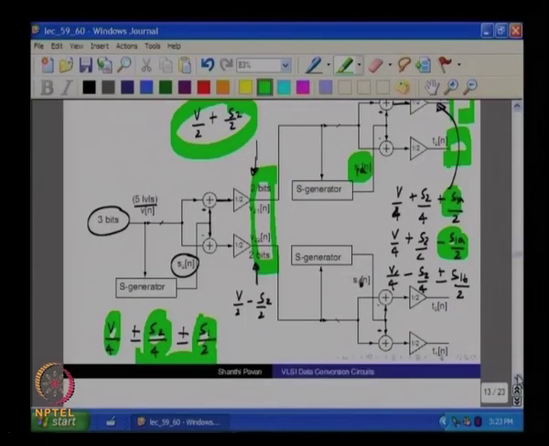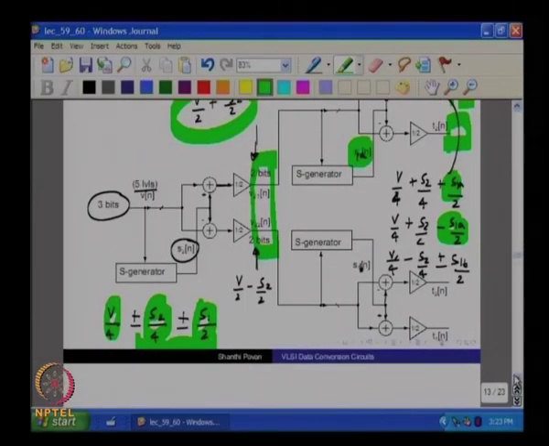Does it make sense? All right. Now if there is mismatch, what do you expect to happen? There will be some residuals of S1 and S2 coming out, and the spectral shape of these sequences will appear in the final output spectrum.